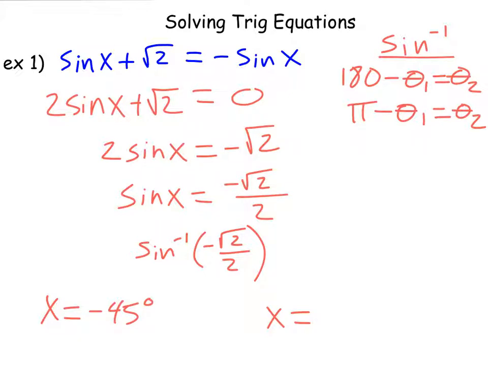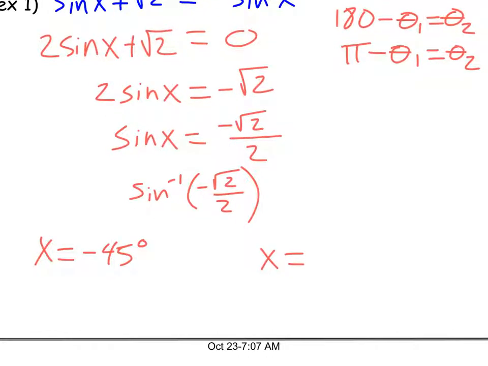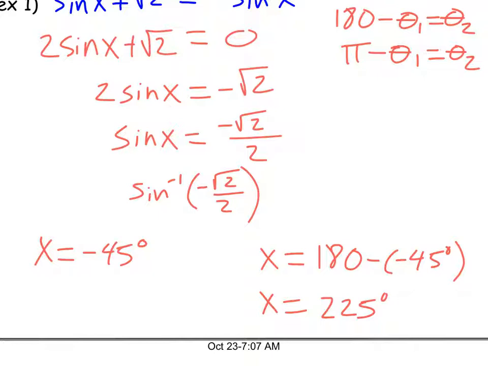Now, there is another possible solution, and that rule that we mentioned is what will allow you to get it. If you do 180 minus the answer that you would get from the calculator, the one answer we'd get for the inverse, you would get, in this case, 225, and that would be an answer that you're looking for.